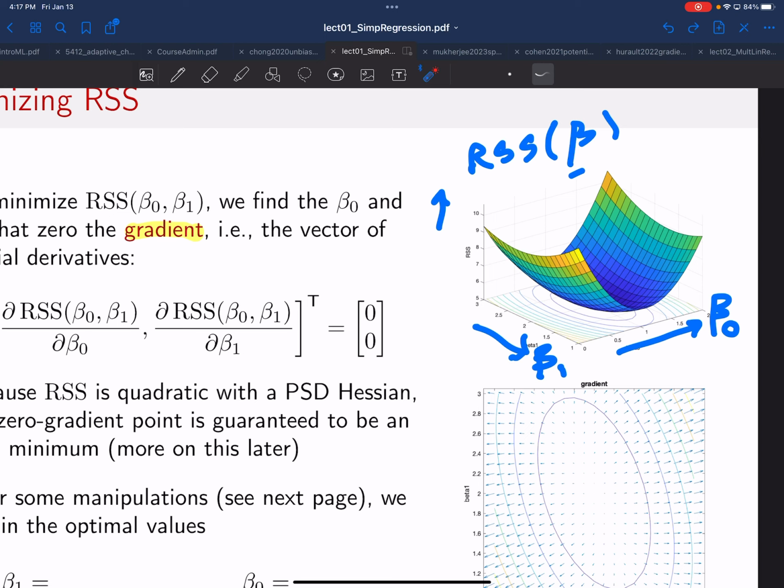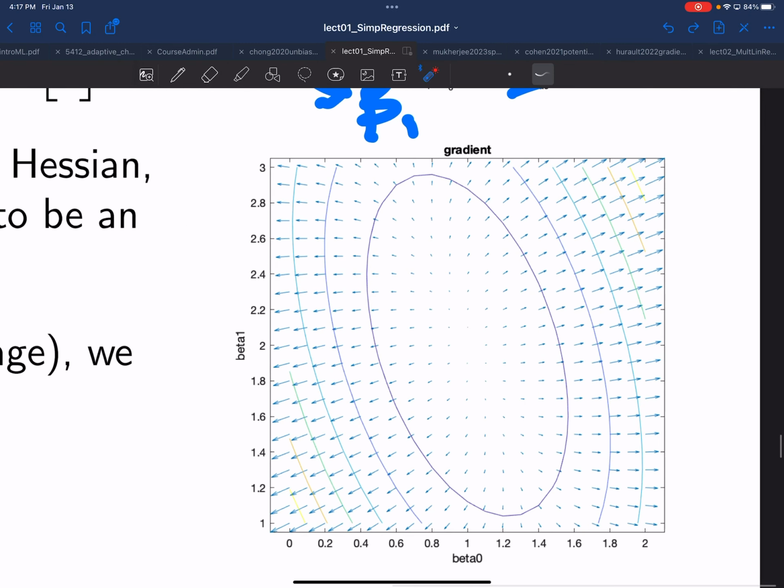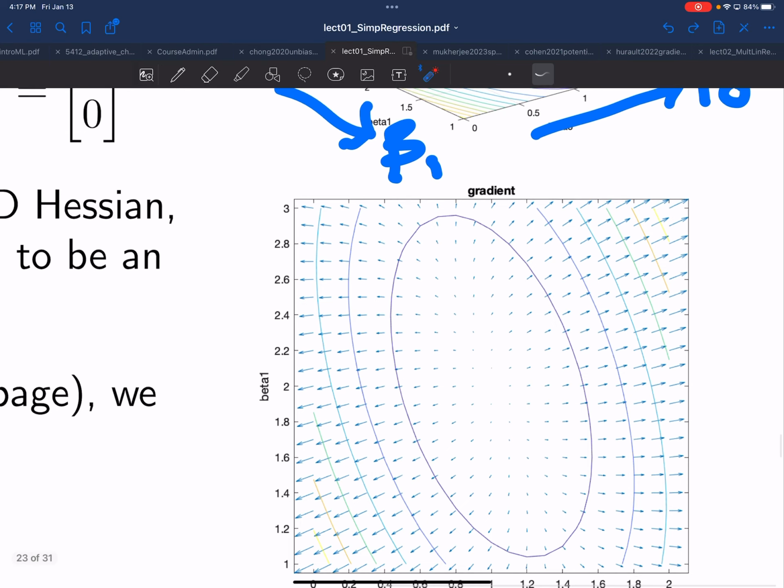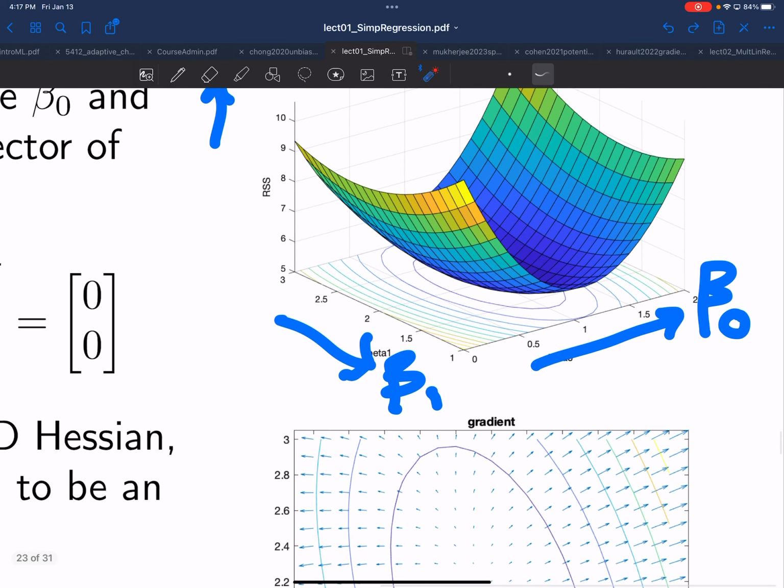Okay. Here's another picture of that surface where the gradient is at every one of these points. It's plotted using a little arrow. So the direction of that arrow shows you the direction of the gradient, and then the length of the arrow is representing the norm of the gradient. And so this surface, this is a quadratic surface.